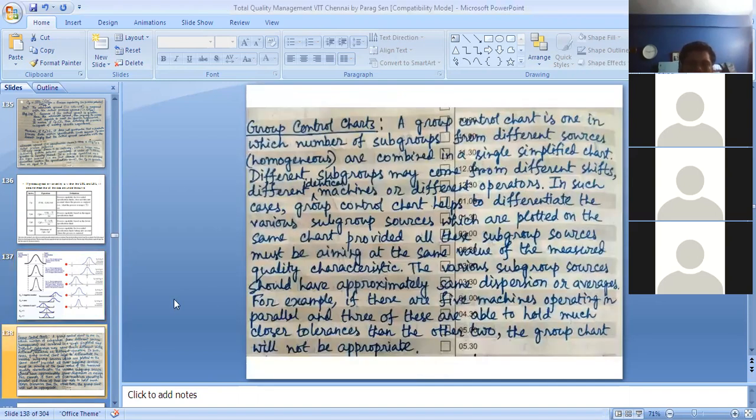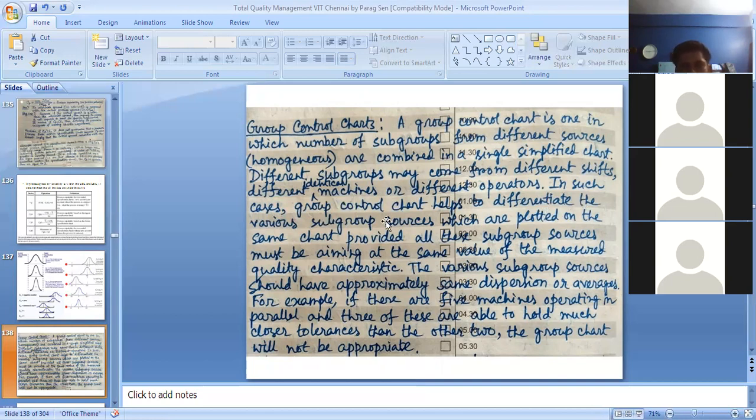A group control chart is one in which a number of subgroups from different sources, which are homogeneous, are combined in a single simplified chart. Different subgroups may come from different shifts, identical machines or different operators.